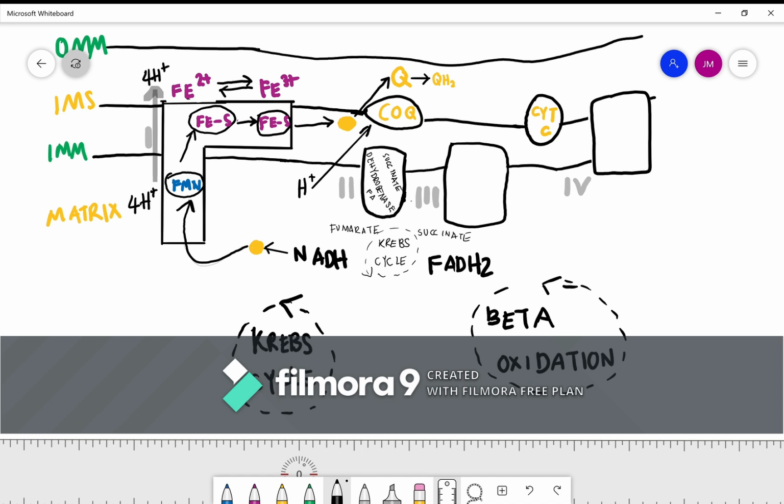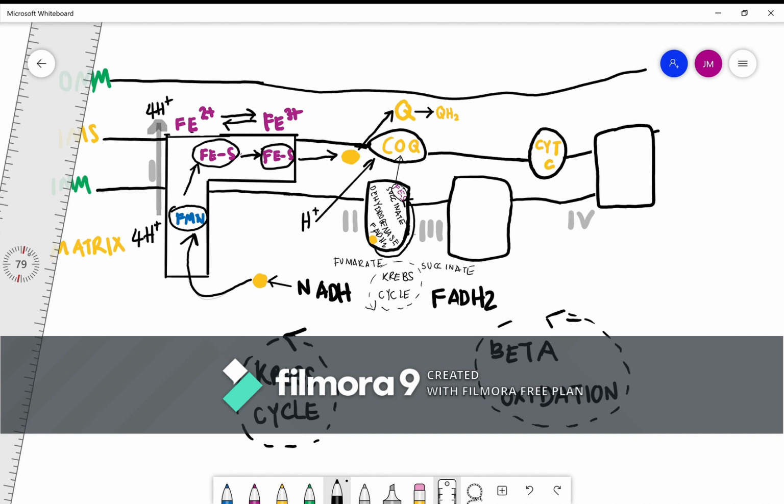The FADH2 stays inside the second complex and donates the electrons to the FeS of complex 2. The electrons are then transferred to ubiquinone in a similar way as the electrons are transferred from the first complex. The ubiquinol is a freely permeable molecule inside the inner mitochondrial membrane, which is used to transfer electrons to the third complex.